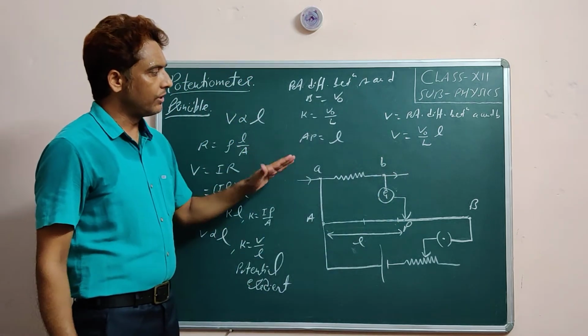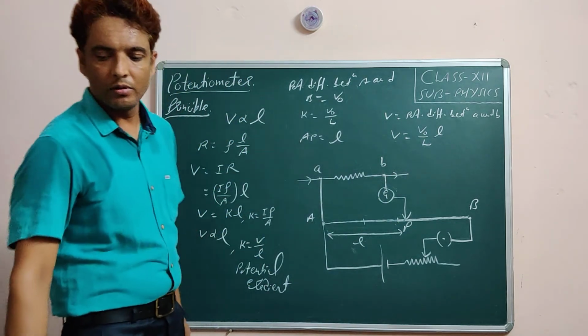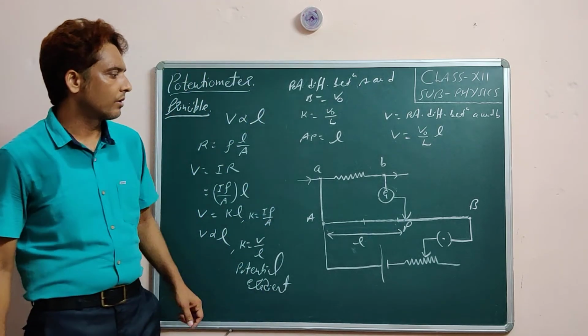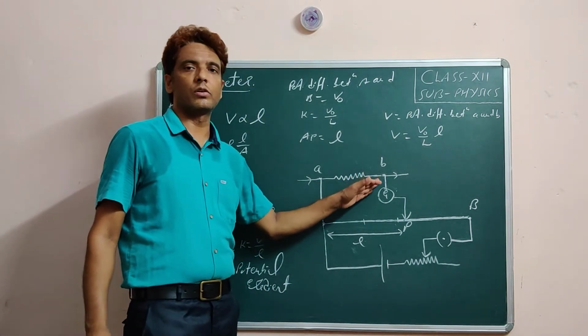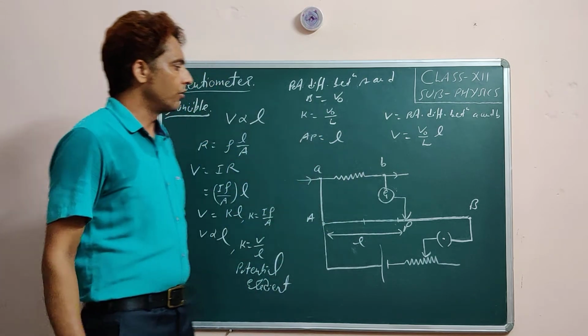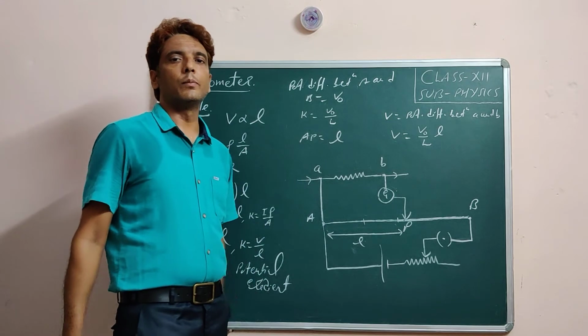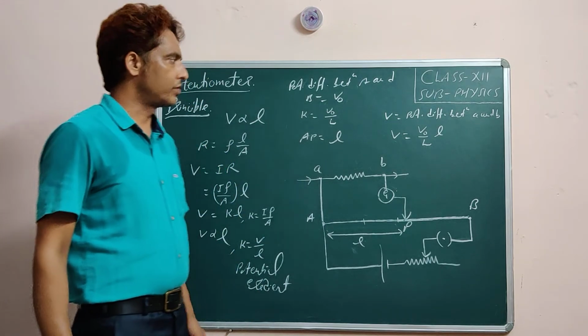In this way we use a potentiometer for measurement of potential difference between any two points or across a circuit. Next we discuss how the potentiometer is used for comparison of EMF of two cells.